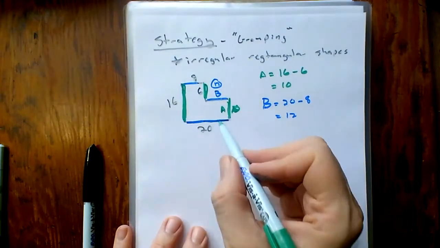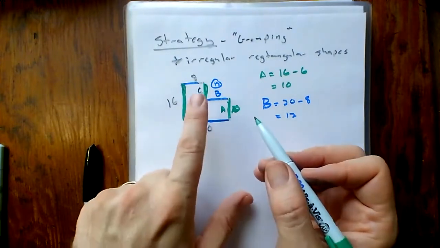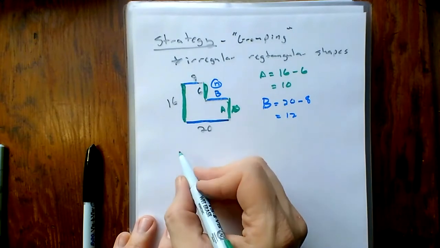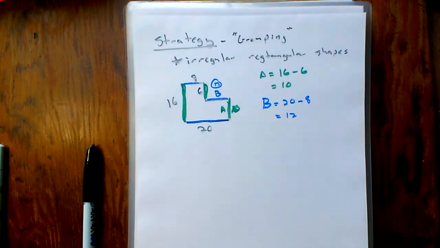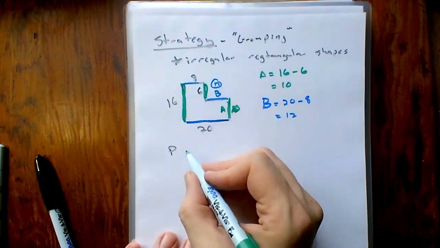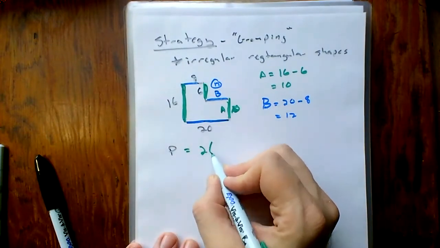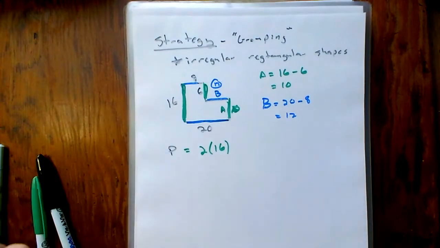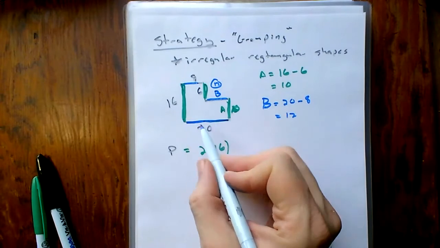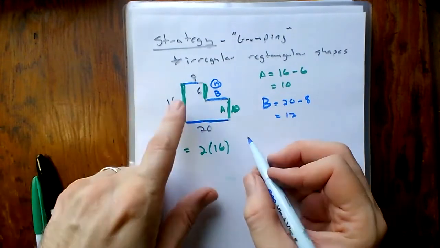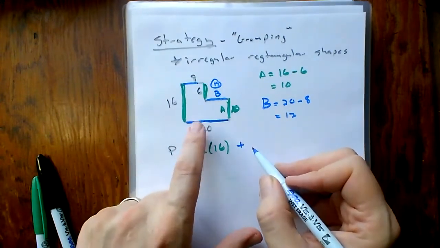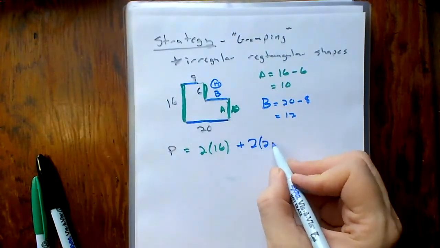So when I group these together and say, oh, this is 16 and these are 16, I could still, for my perimeter, say that these are going to be equal to 2 times that 16. And because these two sides will also equal 20, why not just add another 20 instead? So I would say, oh, this is 20 plus 20, well, 2 times 20.